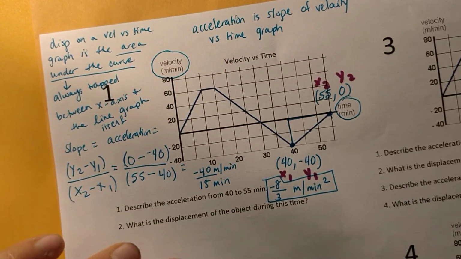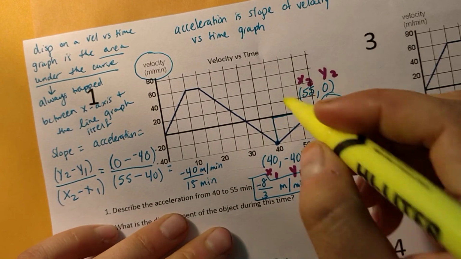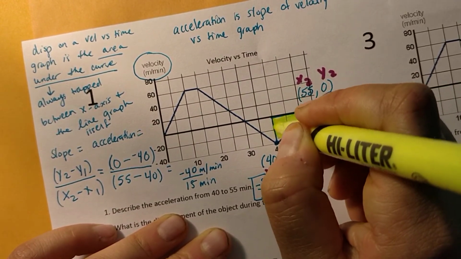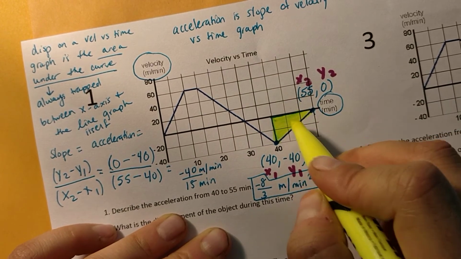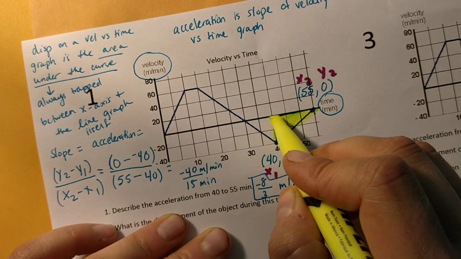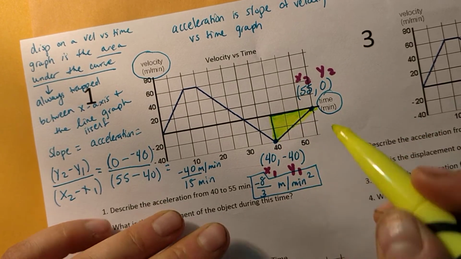So I'll mark out this area, I'll shade it in with my highlighter. It's not out here, it's not up here, it's between the line graph and the x-axis.